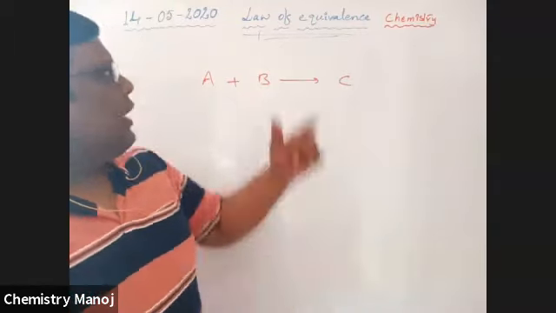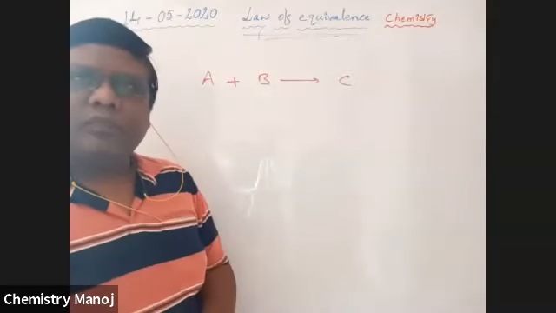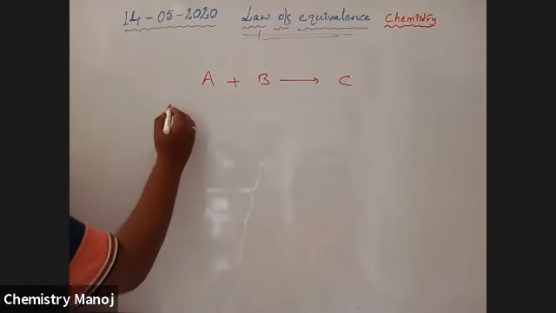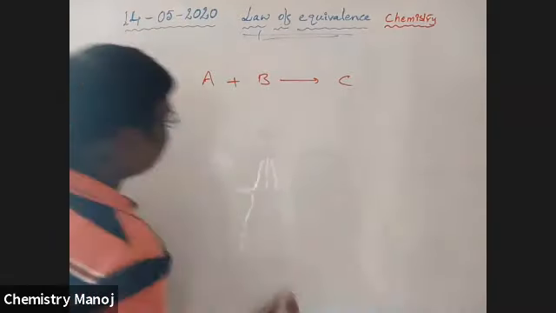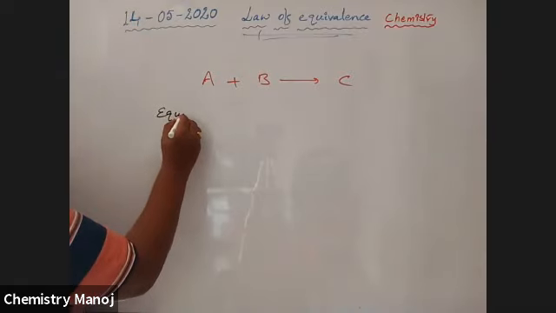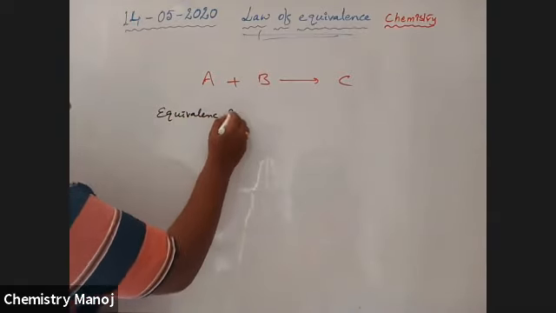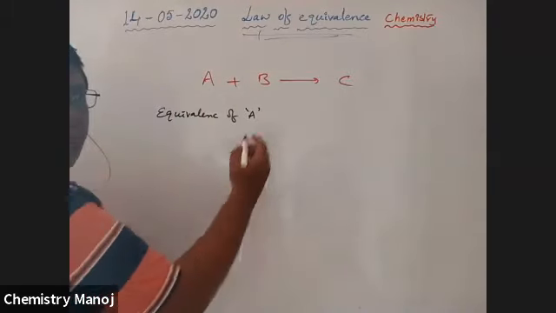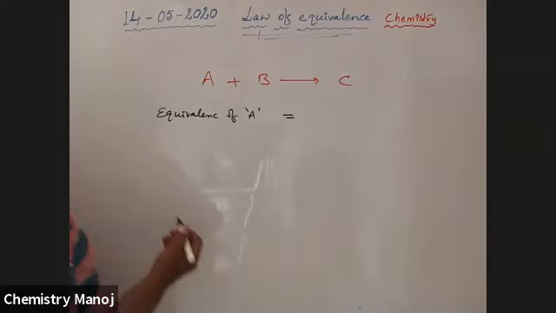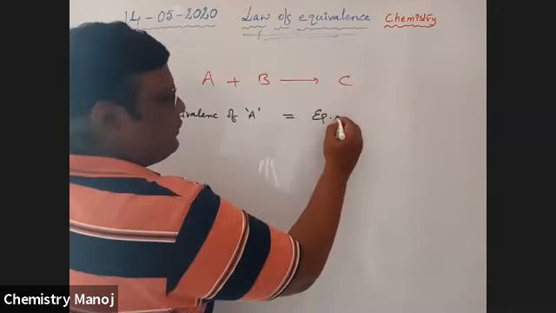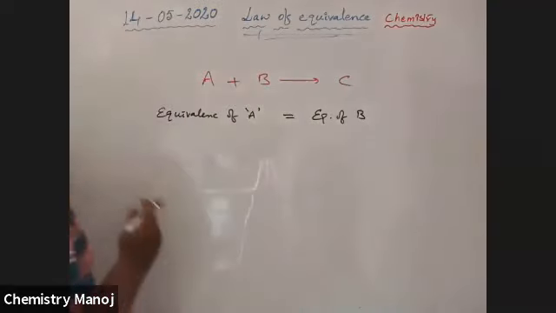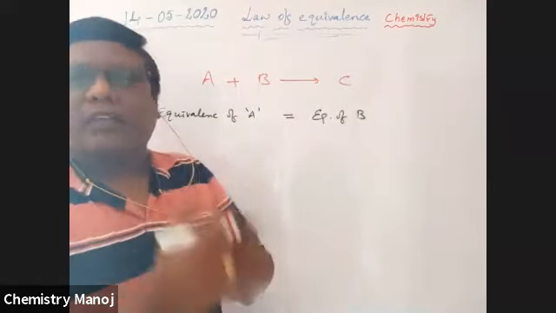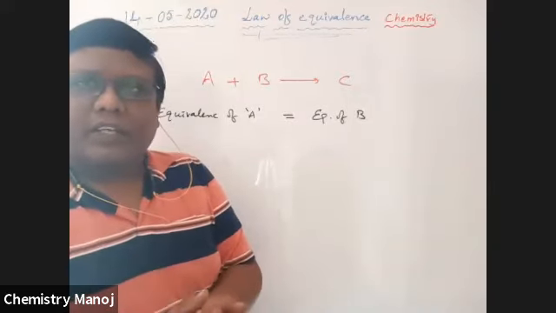Okay. So according to this law of equivalence, the equivalence of A, which is one of the reactants, is equal to equivalence of B. That means when two chemicals react with each other, their equivalence must be equal, whether it is a balanced reaction or unbalanced reaction.